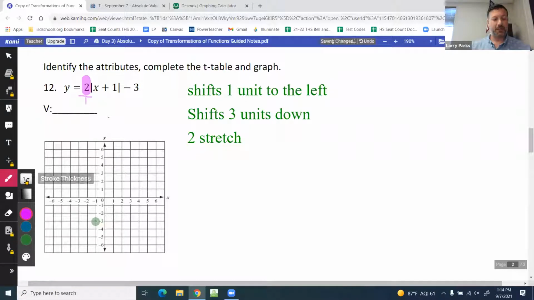So you're going to go up 2 over 1, up 2 over 1, up 2 over 1, and so on. Now, this is what we call the vertex. It's going to be the very bottom. You're also going to do the same thing on the other side, except now you're going to go to the left one.